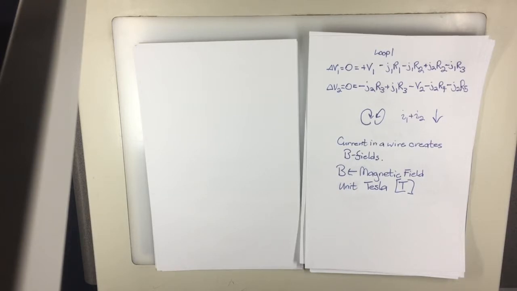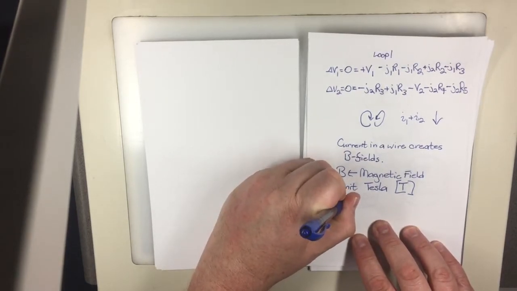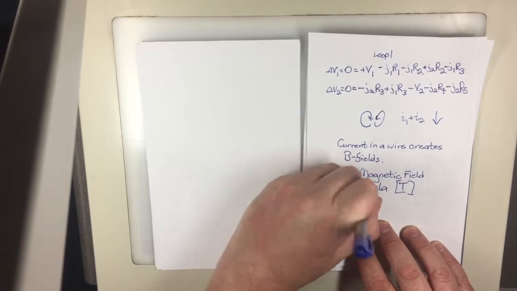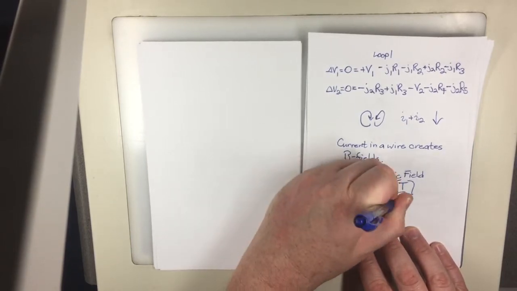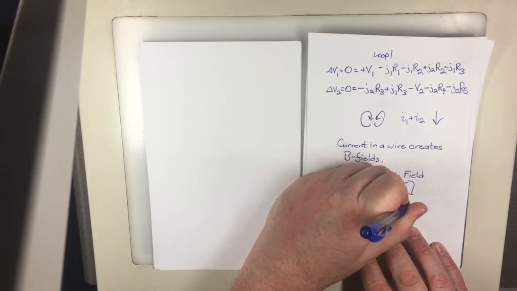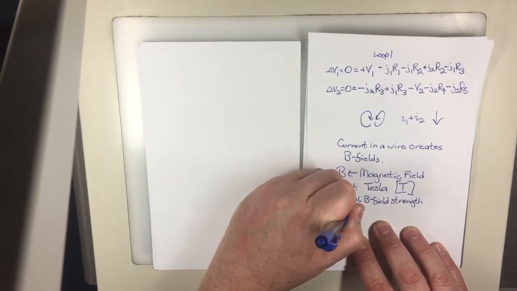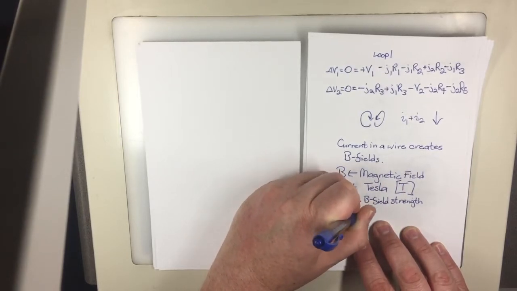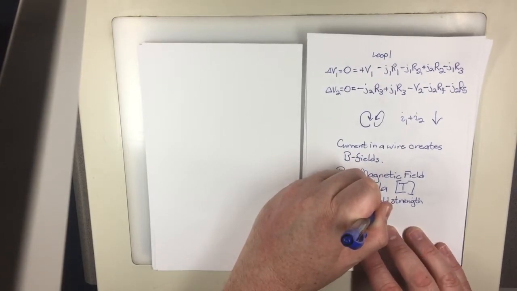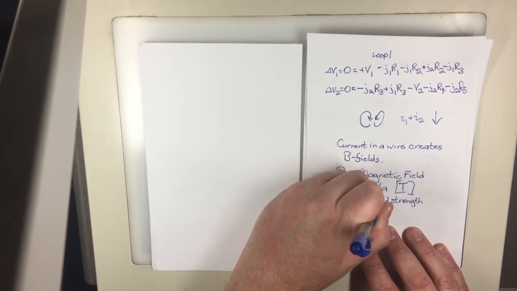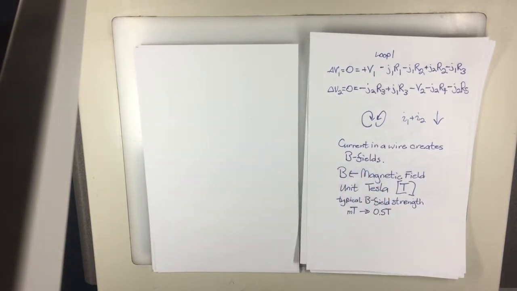Just ballpark figures, typical B field strength is on the order of millitesla up to maybe like half a Tesla. That's the typical B field strength.